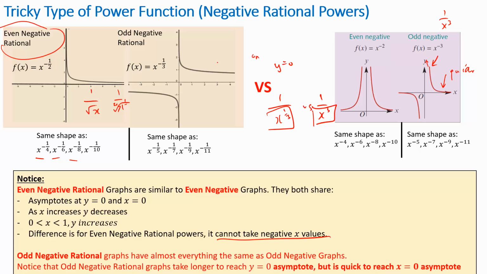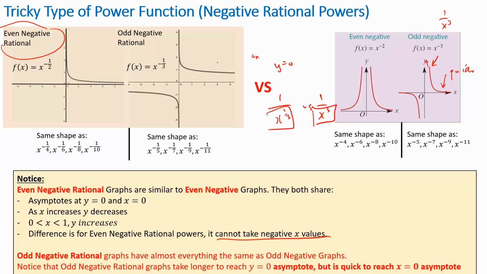Yes, Kareem? I don't understand the even negative rational ones. Why do you say that between 0 and 1 it increases? Because it becomes a fraction. So what happens between x equals 0 and 1?